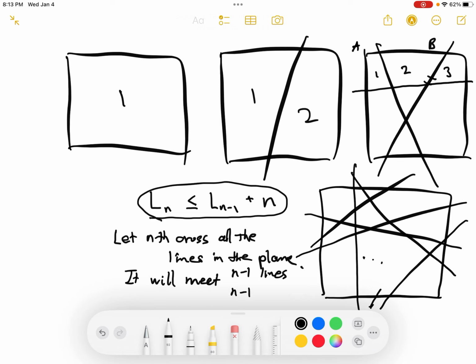So it'll have n-1 new intersections, creating n new regions in the plane. So L(n) equal to L(n-1) plus n is achieved.